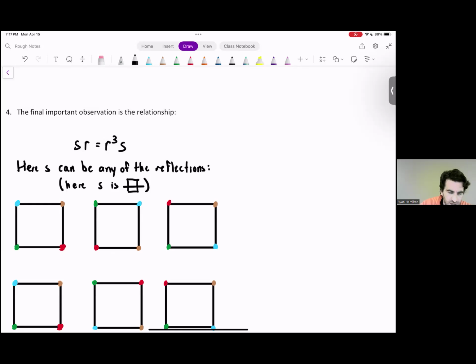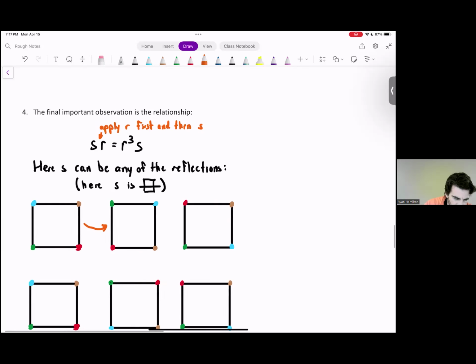So on the left-hand side, we have to read these things right to left because first on the left-hand side, we apply R and then we apply S. So here we apply R first and then S. Okay, so to go from the first box in the first row to the second, that's going to be rotation by 90 degrees clockwise.